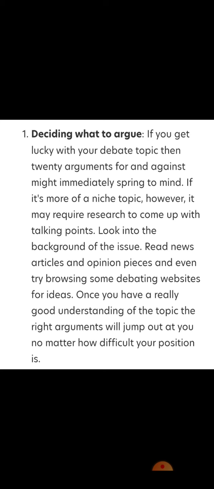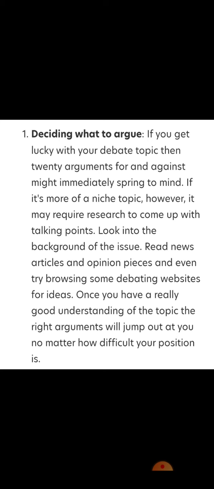If you get lucky with your debate topic, then 20 arguments for and against might immediately spring to mind. If it's more of a niche topic, however, it may require research to come up with talking points. So look into the background of the issue, read news, articles, and opinion pieces, and even try browsing some debating websites for ideas.